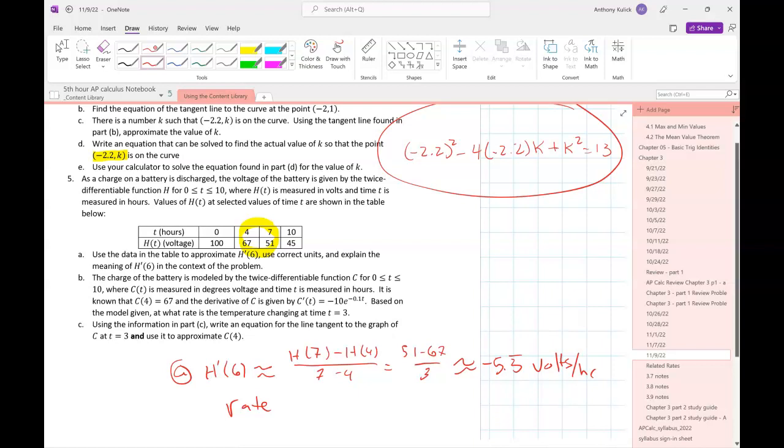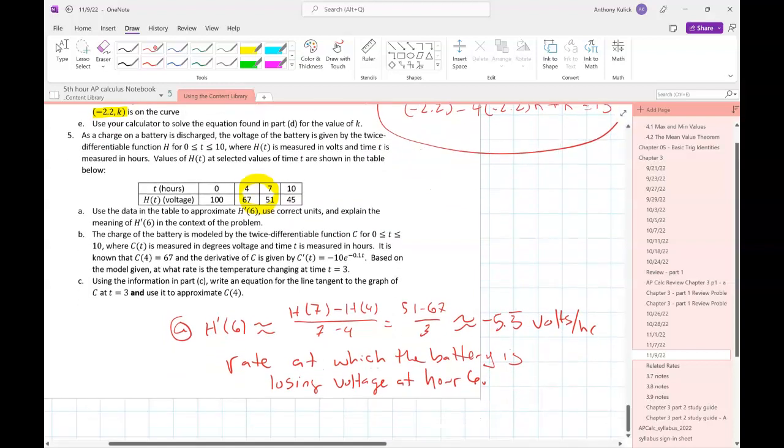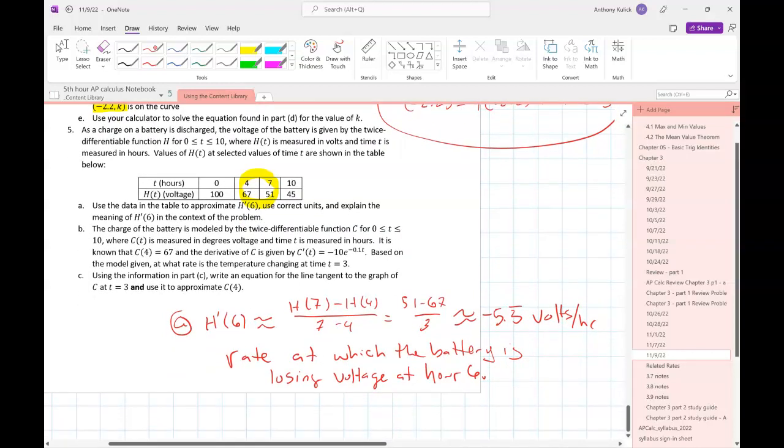The rate of change at 6 hours, or the rate at which the battery is losing voltage at hour 6. Something like that would be reasonable.